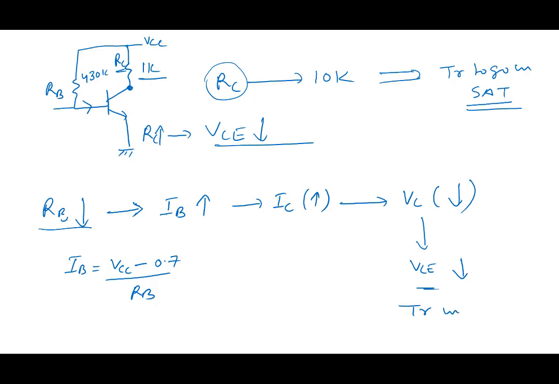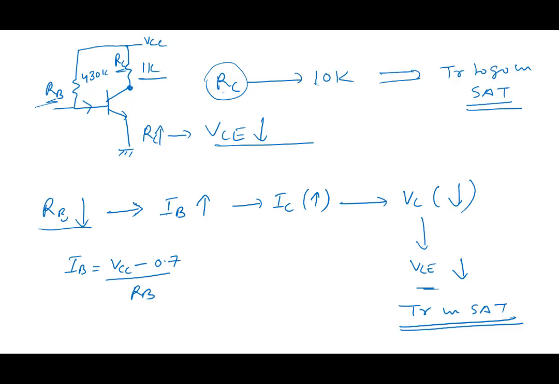Transistor will again go in saturation region. So what are you getting? That large collector resistance will force the transistor into saturation. Small base resistance may also force it into saturation region.